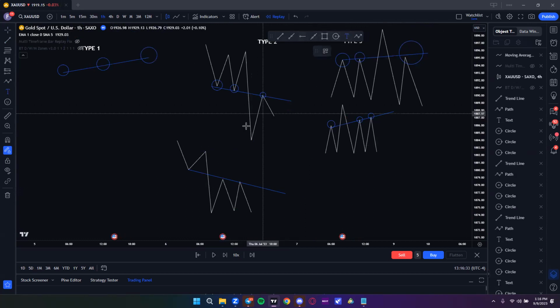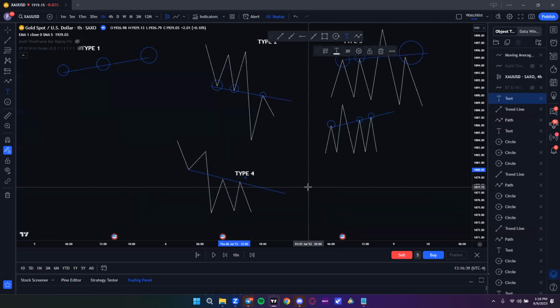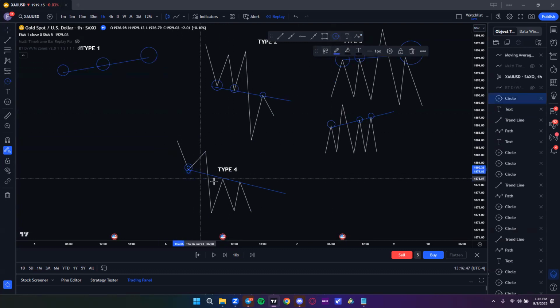Type 4 is pretty much two rejections after the first breakout. I hope you guys can see it.